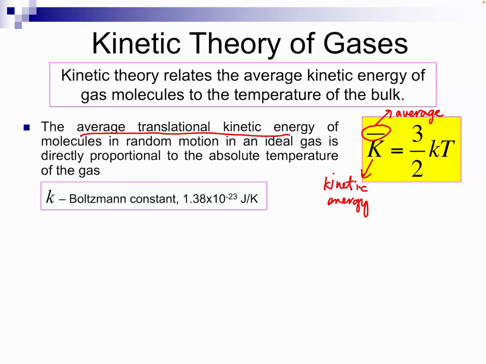Each gas particle has its own kinetic energy. So this bar means that the average kinetic energy of all the gas particles inside this balloon is proportional to the overall temperature of the gas. Here k is just a constant called the Boltzmann constant, which we encountered yesterday.